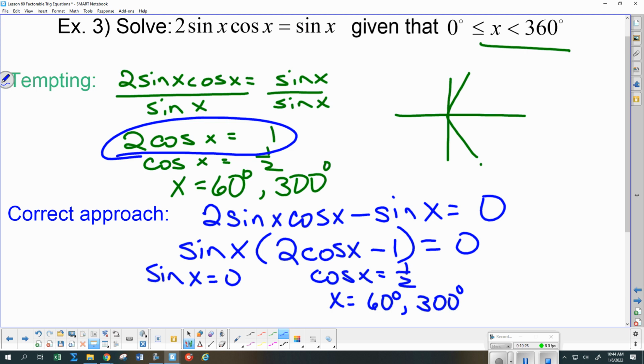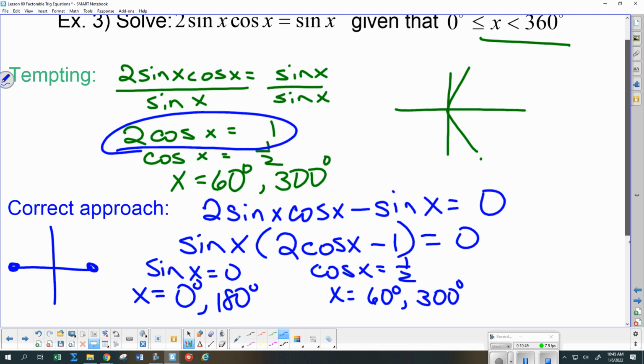But the thing that I divided by, the sine of x, might have also been 0. That's the problem, because we can't divide by 0 without getting ourselves in trouble. Sine, we said, is the y-coordinate. We're talking about these two places on the unit circle. So we do have to also include the 0 and the 180 on this.